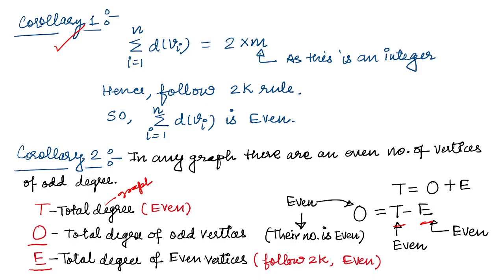So this proves all our theorems. That means theorem 1, that the sum of the degree of vertices in an undirected graph is equal to twice the number of edges. Second, the sum of the degree will always be even. And the third, that the number of vertices having odd degree will always be even.